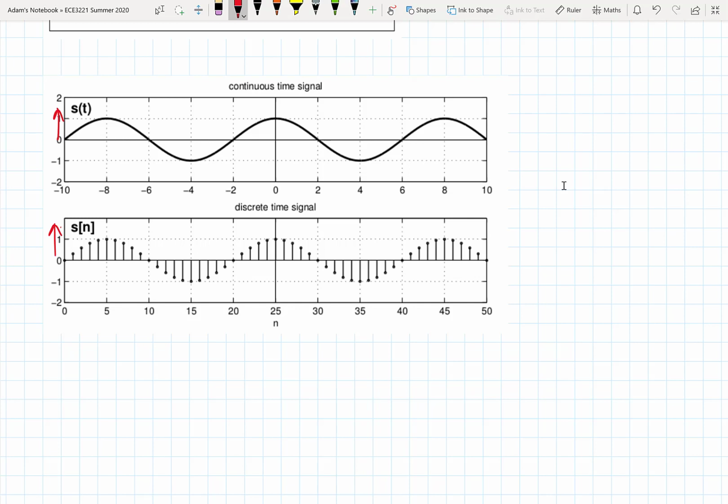So that defines our resolution, and it's a term you'll often hear used when describing analog to digital converters. But the other aspect of converting a continuous time signal is that this signal is represented at every single point in time as we move along. But a digital system, a computer system, doesn't think continuously.